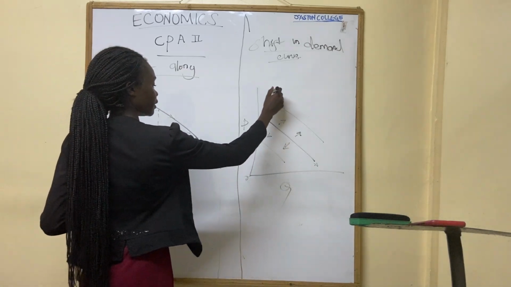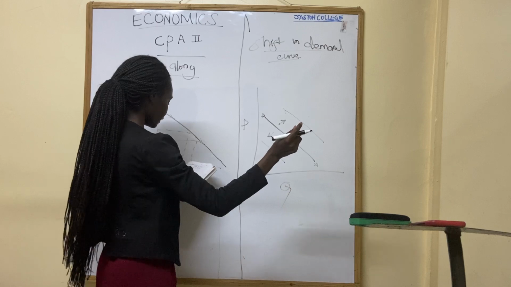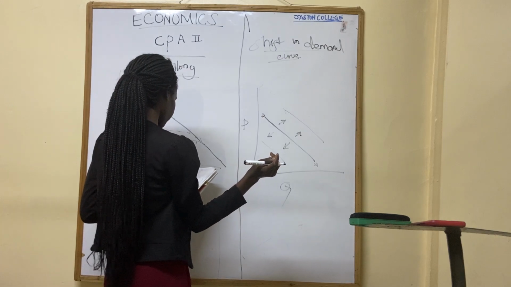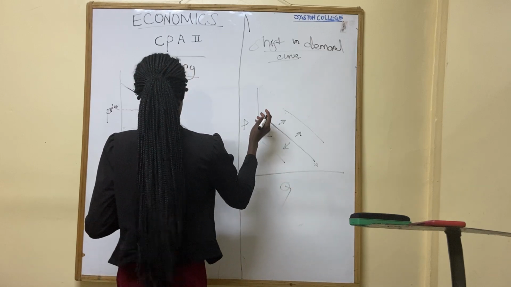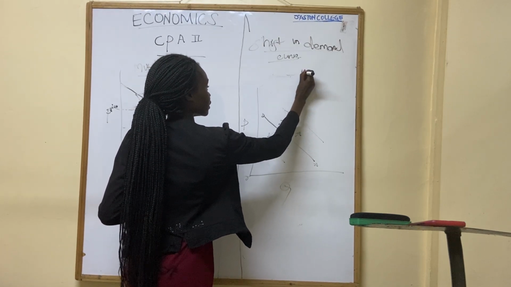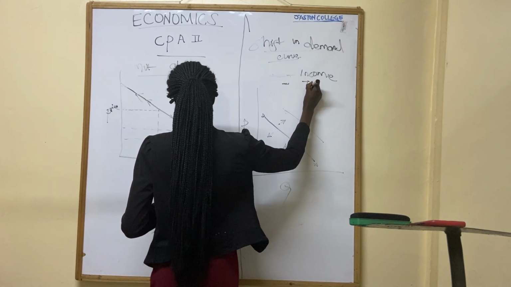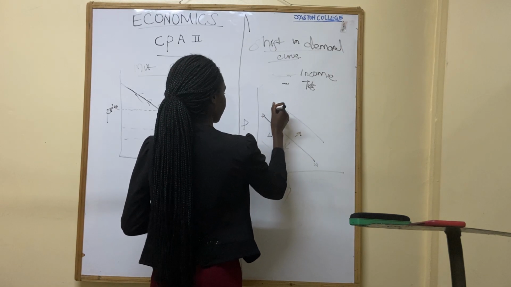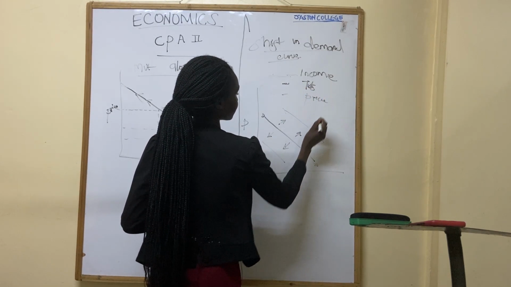So what makes this curve shift is changes in other factors that affect demand, such as income, taste, and price of related goods.